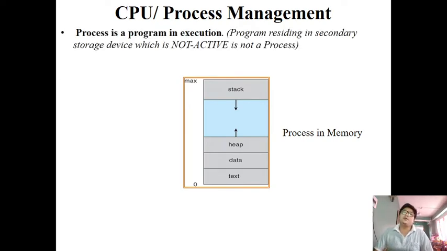Whenever you write a C program, say for example sample.c, in which you have a hello world program, and you save the program using the file name sample.c, it will be saved in the secondary storage device.